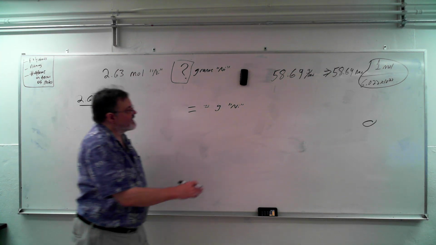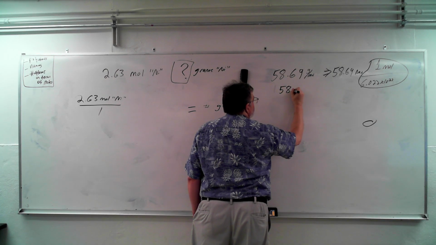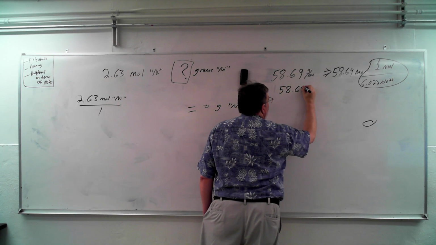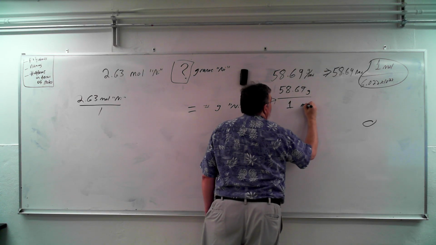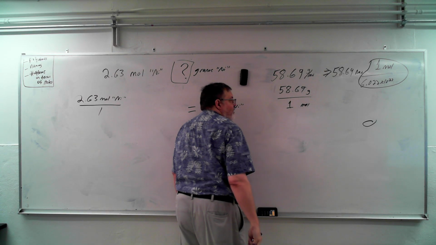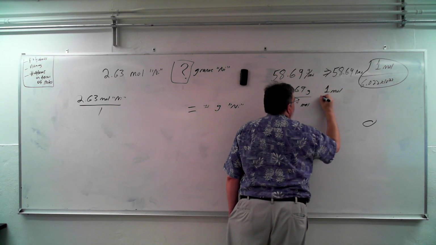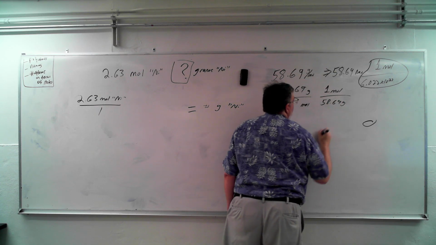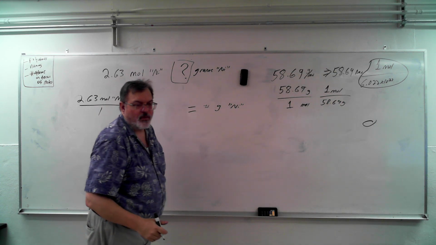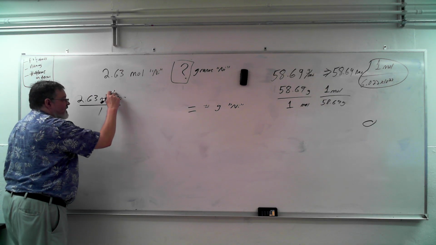So 58.69 grams per mole, but I would tell you to go ahead, especially if you're struggling with these types of equations, and turn it into that. And also realize you might use it like this. You're going to use it one of those two ways. And when you look here, you see that moles of nickel is on top.